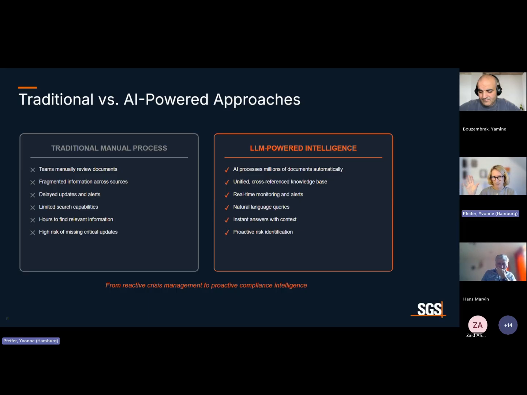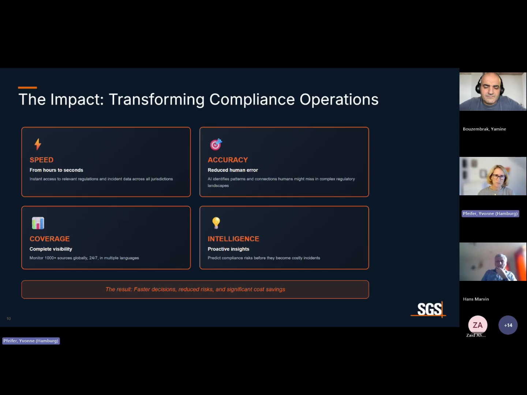Now, when we use the more fancy AI-powered approach, the AI processes millions of documents automatically. We have a unified cross-referenced knowledge base, real-time monitoring and alerts, natural language queries, instant answers with context, and proactive risk identification.